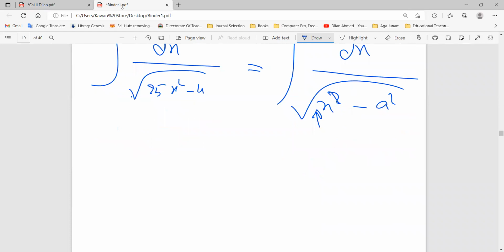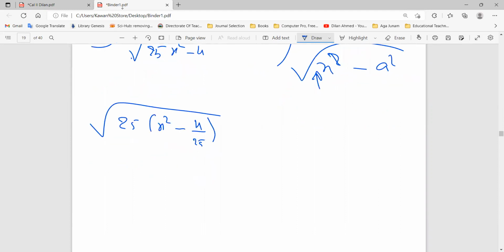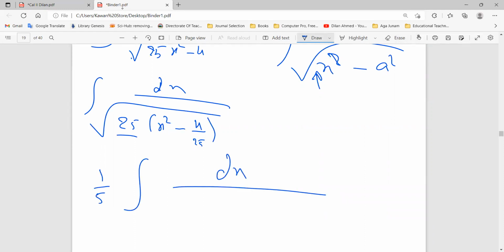I'm going to take 25 out from x to the power 2. So that 4 will be over 25, right? Then I bring that one out, and it will be 5. Now I have 1 over 5 dx over the square root of x squared minus 4 over 25. Now you got it, right?